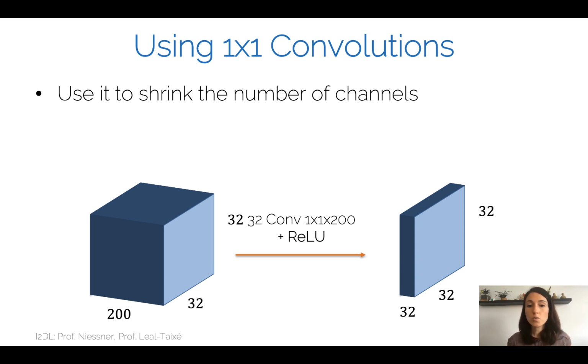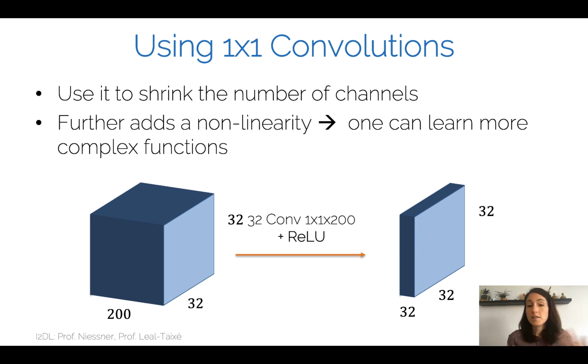And if we use 32 filters, then we're going to have an output of 32 by 32 by 32. So really an easy way to shrink the number of channels, adding a nonlinearity, therefore a bit of expressiveness power, and reducing the multiplications that we do after this operation.